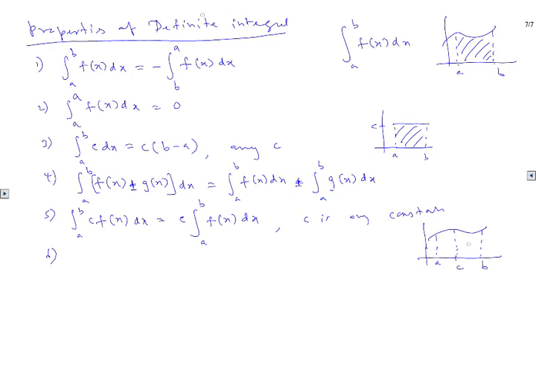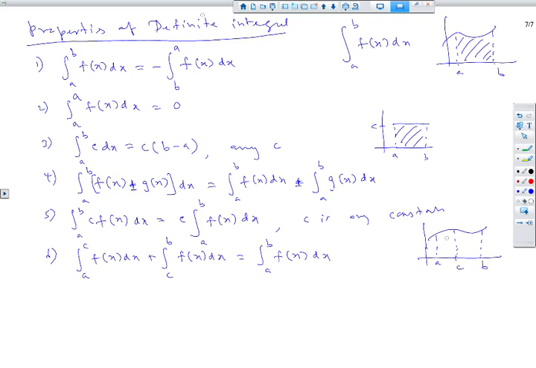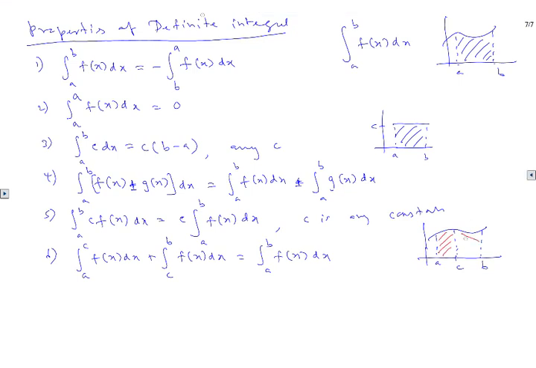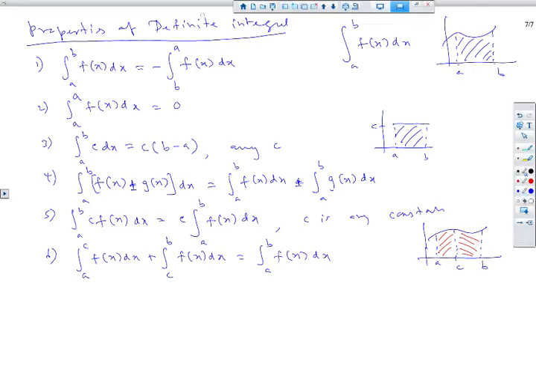So that means the integral from a to c of f(x) dx plus the integral from c to b of f(x) dx equals the integral from a to b of f(x) dx. Okay, so that's obvious. If you have one area here and another area, you just add the two areas, and that's the sum from a to b. So its geometric representation is very clear.